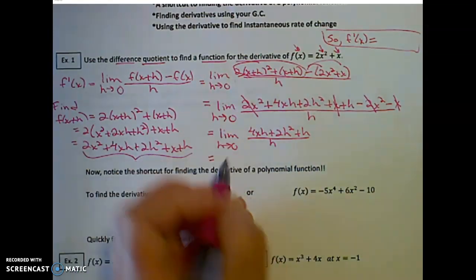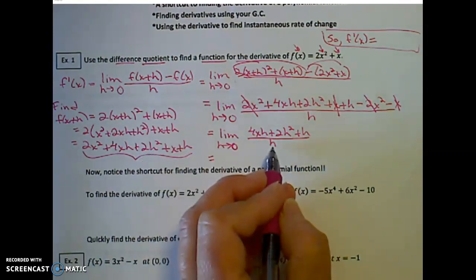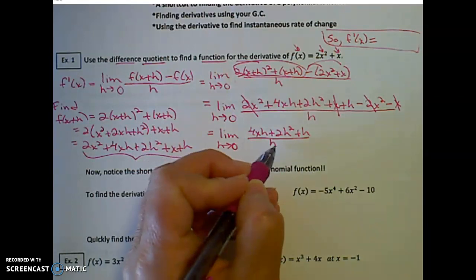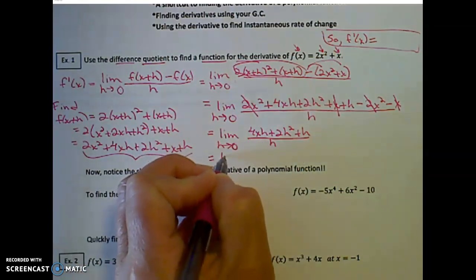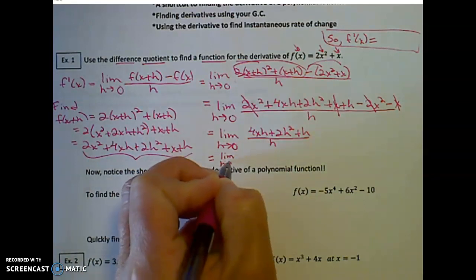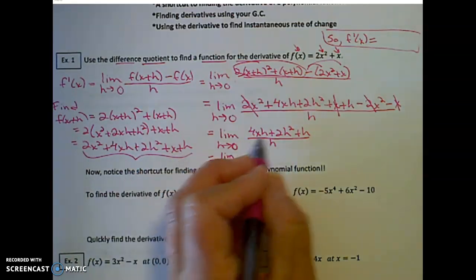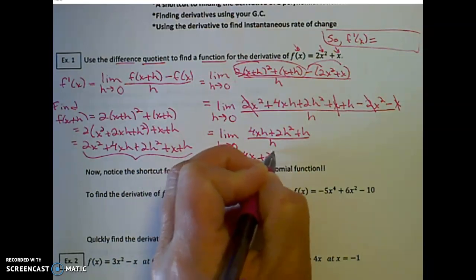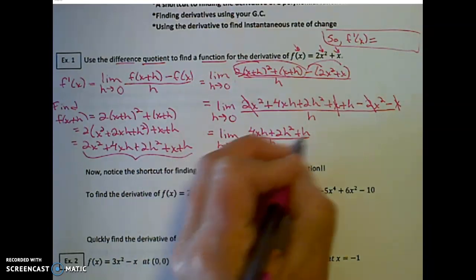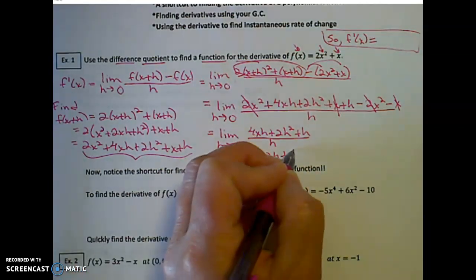I still can't plug in h equals 0 because my denominator is undefined, but I can divide everything in that numerator by h, so I can simplify this to the limit as h approaches 0 of, divide everything through by h, 4x plus 2h plus h divided by h, which is 1.